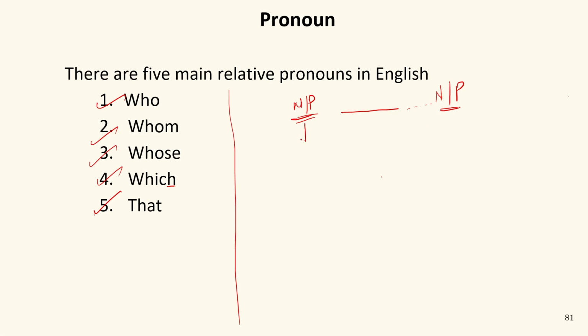If this noun or pronoun is behaving like a subject, it means it has been used as a subject, as in the case of Rohit. So we use "who" in this place of relative pronoun. Now a relative pronoun has to be filled over here.